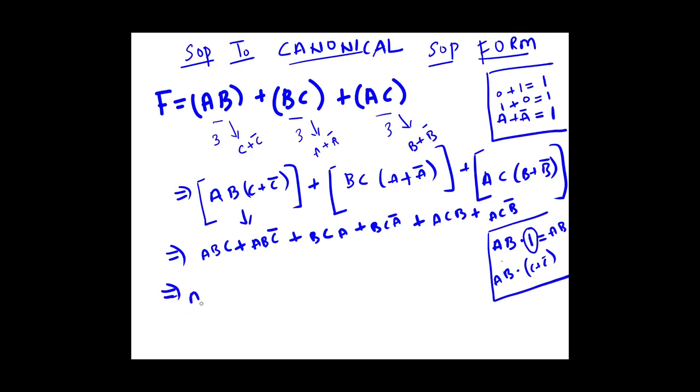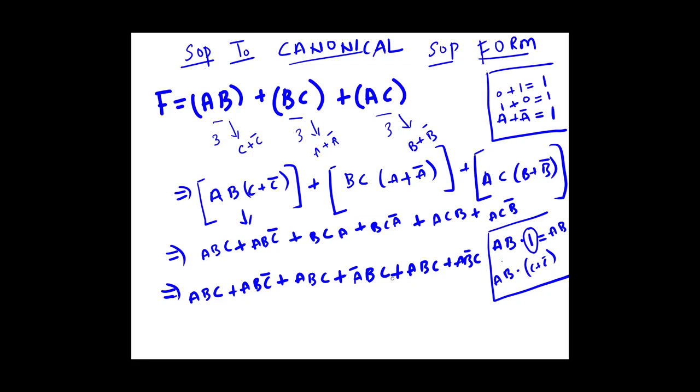So first write A, B and C. Next plus A, B, C bar. Next A, B, C. I am writing it in an order. Plus A bar, B, C. Plus A, B, C. Plus A, B bar, C.